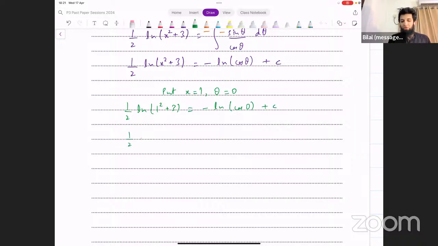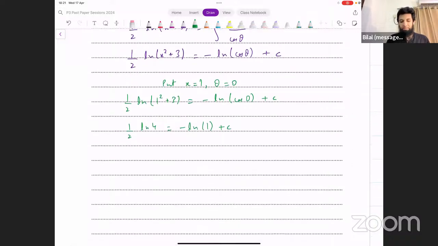Now that gives you 1 over 2 into ln of 4. On the right side, you have minus ln of cos of 0. Cos of 0 is 1. So this is minus ln 1 plus c. ln 1 is 0. So the value of c turns out to be 1 over 2 times ln 4.